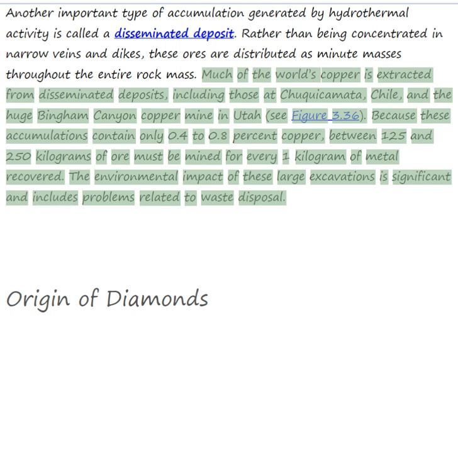Because these accumulations contain only 0.4 to 0.8% copper, between 125 and 250 kilograms of ore must be mined for every 1 kilogram of metal recovered. The environmental impact of these large excavations is significant and includes problems related to waste disposal.